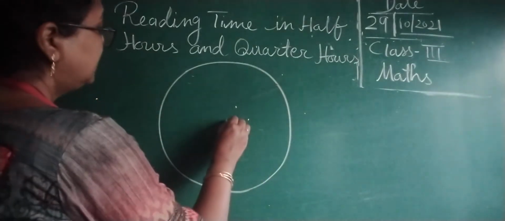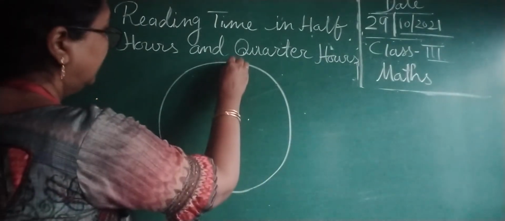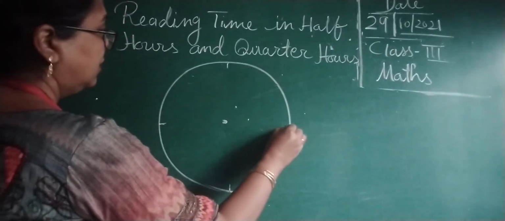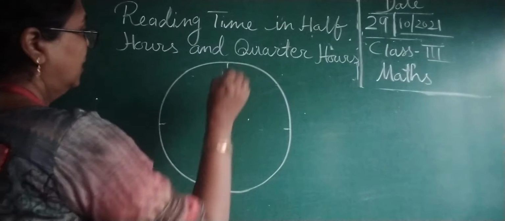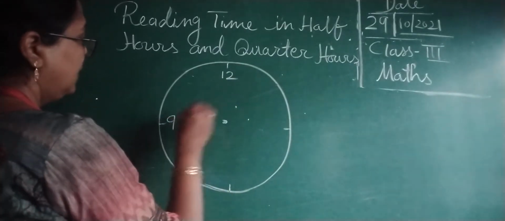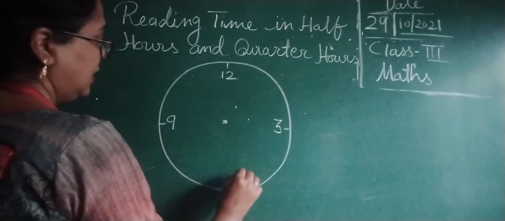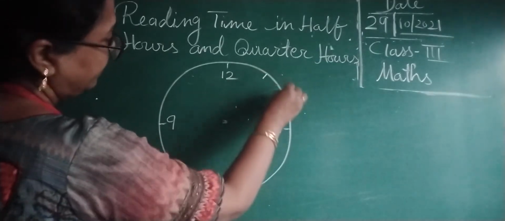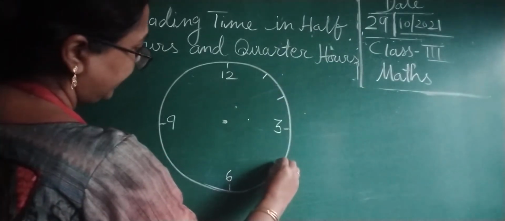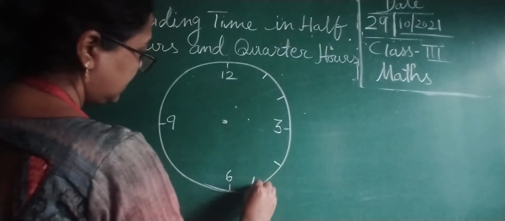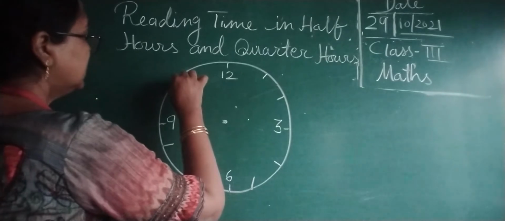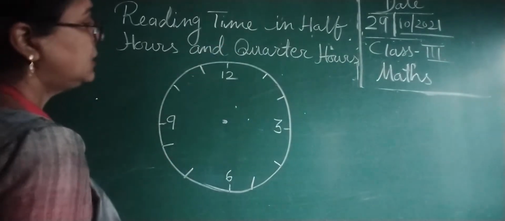Okay, so first we will take the center point. This is 12. Okay, this is 9, this is 3, and this is 6. Now children, here we will take the equal distance. Okay, equal distance, we will take this.